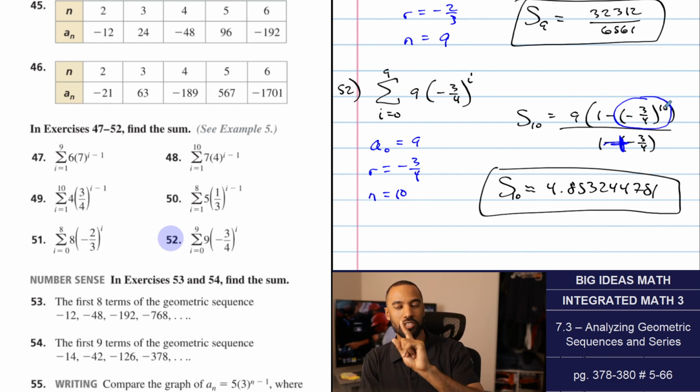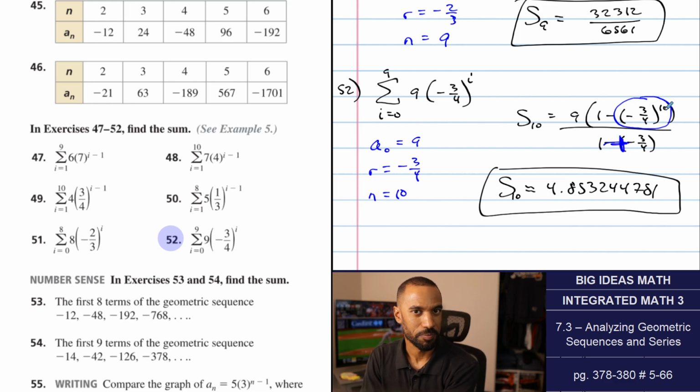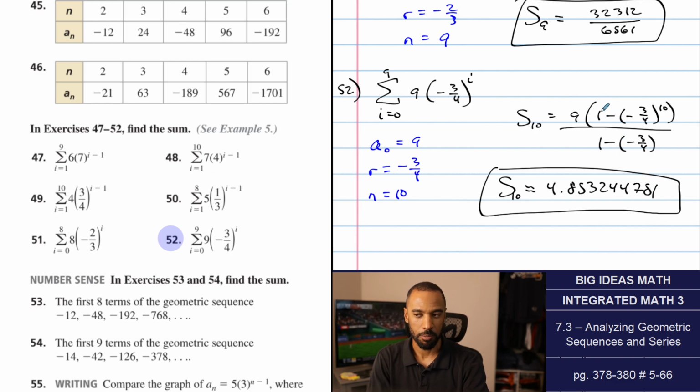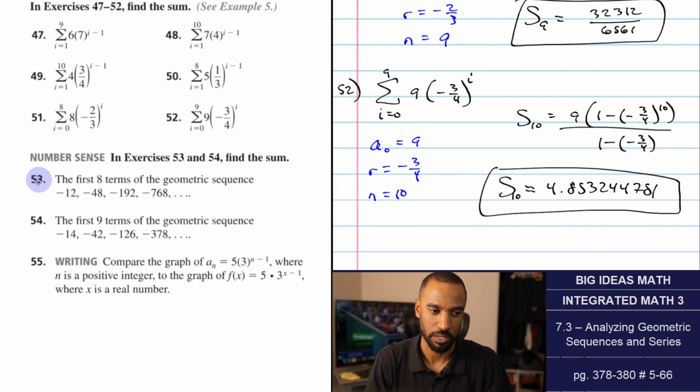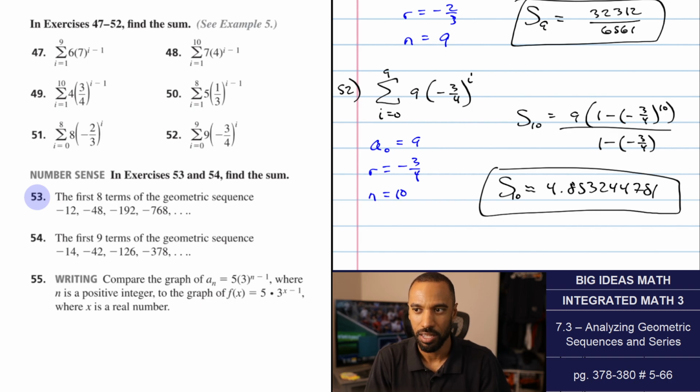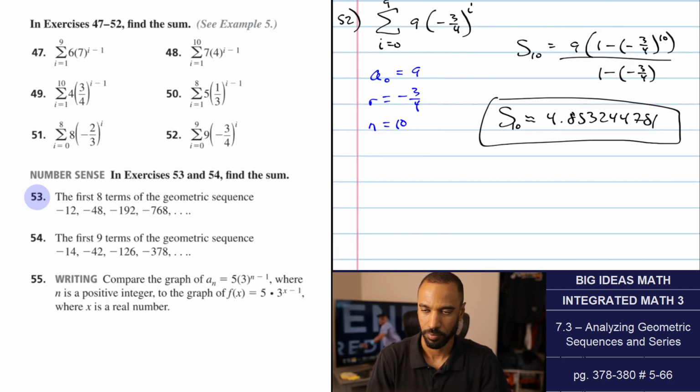And a negative raised to an even number turns positive. This minus is still here. We would do 1 minus whatever that result is. It doesn't turn into a plus because that is an even number. So as much as you might do some simplification, yeah, this will become a plus. That doesn't. So you just got to be careful what goes where. Listen, I'm warning you of it. I'm letting you know. That's where mistakes are made. So a lot of mistakes can be made in your calculation, even if you know the formula. Even if you're given the formula.